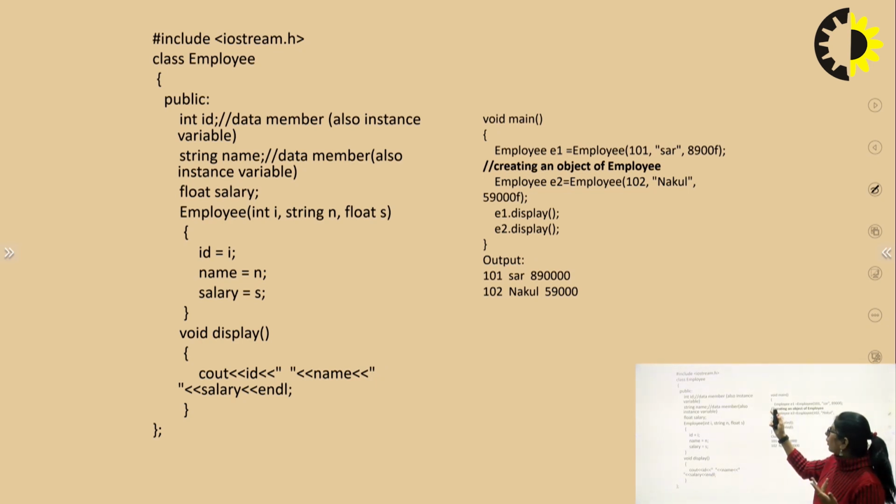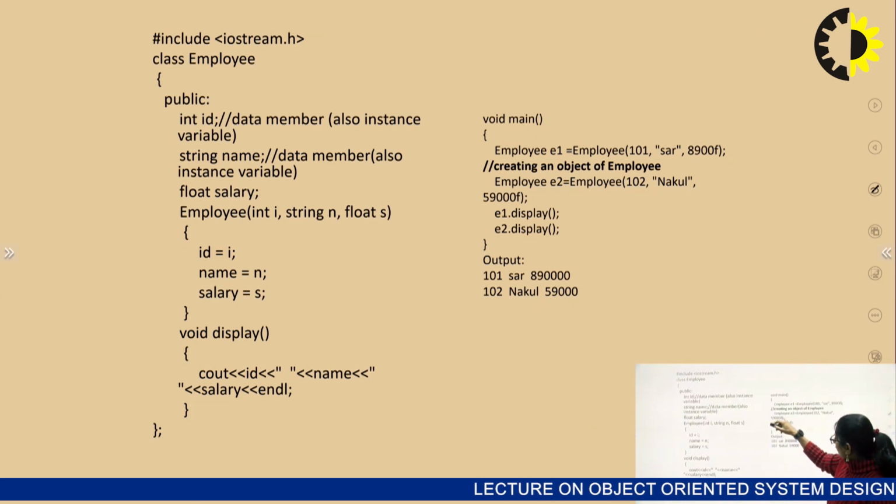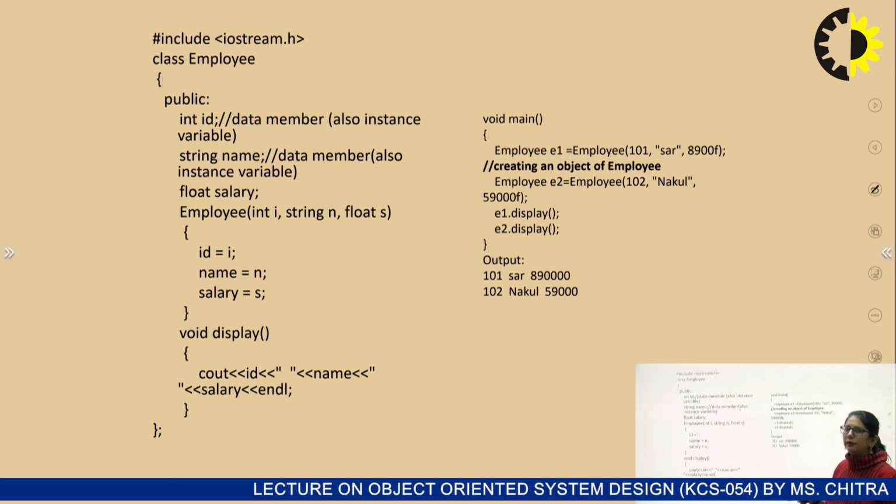In the main, it creates an object of the Employee class. While creating the object, we need to pass the set of values as well because it's a parameterized constructor. If we do not pass any parameter, it will call the default constructor at that time, right? So it creates another object E2 with a different set of values, and for both objects it displays the values.